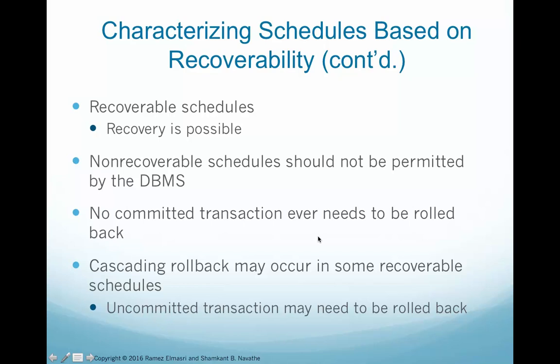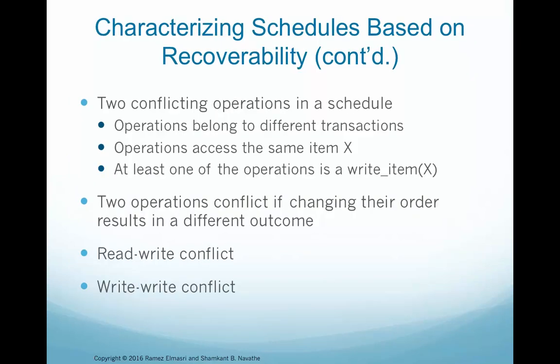In that case, the scheduling needs to be done more carefully, and their order needs to be determined more carefully. If their order is changed, then the final outcome might be different. That's the issue, and we may not have a consistent database state. So there could be a read-write conflict or a write-write conflict, and those are the kind of things we want to avoid.